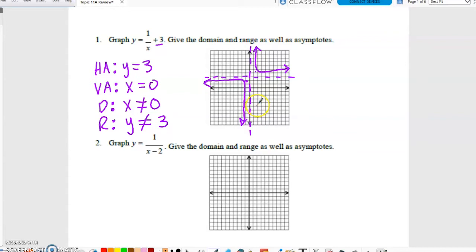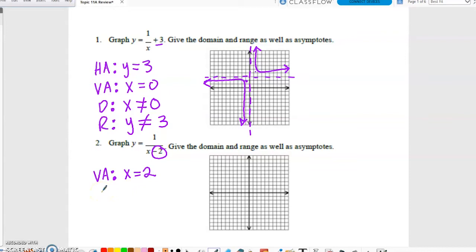So looking at number 2 is the same idea. We have y equals 1 over x minus 2. And again, it wants the domain and range and asymptote. So on this one, this minus 2 means I'm going to move to the right 2 units. So my vertical asymptote is also going to move right 2 units, and it's going to become x equals 2.